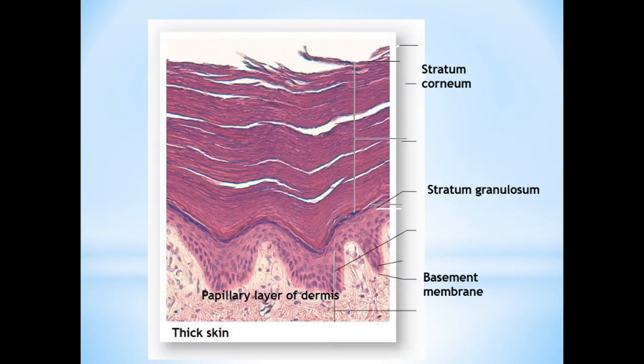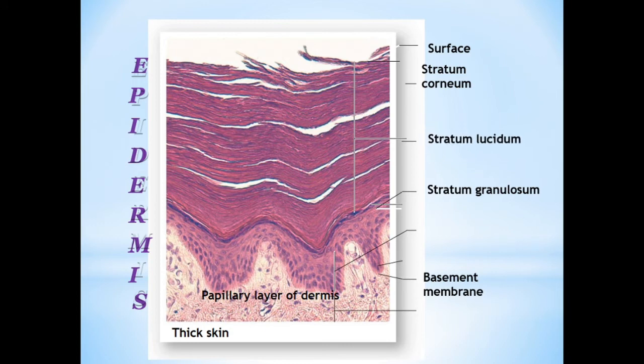In this figure you can see there are 5 keratinocyte layers in the epidermis. This is the total epidermal layer. This is the surface of the epidermis, the outermost layer. Below that there is stratum corneum. Next to that there is stratum lucidum.